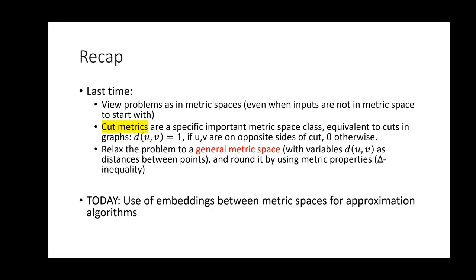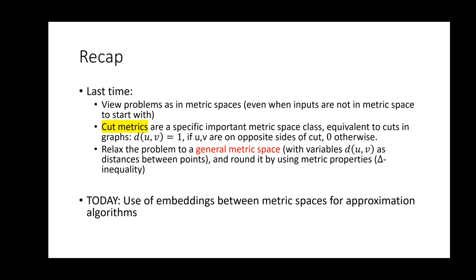In this context, cut metrics were an important class of metrics which put the distance between two points or two vertices in the graph as 1 if they were on opposite sides of the cut, and 0 if they were on the same side of the cut. And by relaxing this notion of cut metrics to be a general metric, we could write out LP relaxations and design rounding algorithms for them.